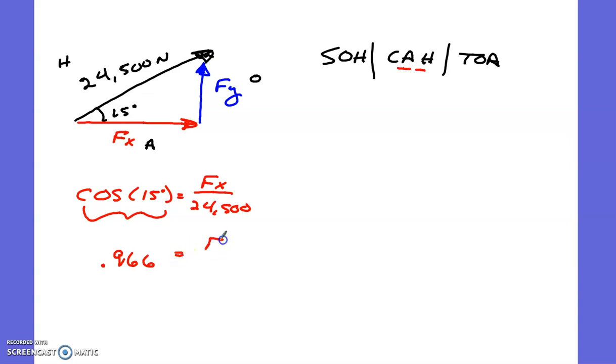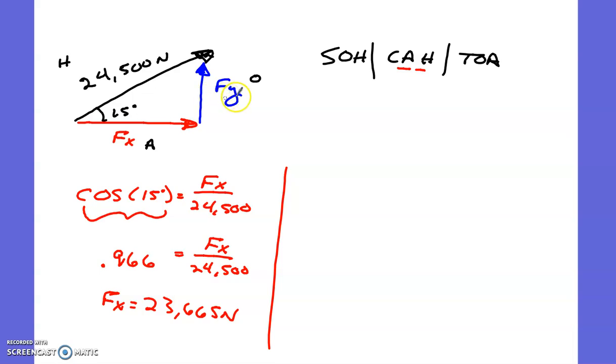And that is equal to Fx over 24,500. We multiply each side by 24,500, and we get that the x component is 23,665. All sides are newtons, since the hypotenuse is also in newtons.